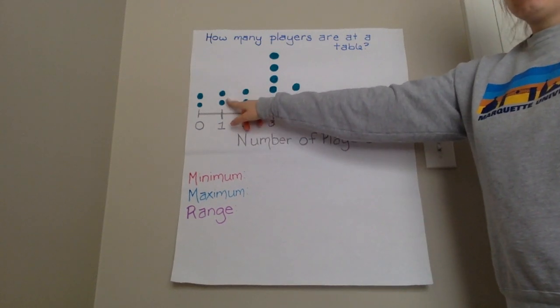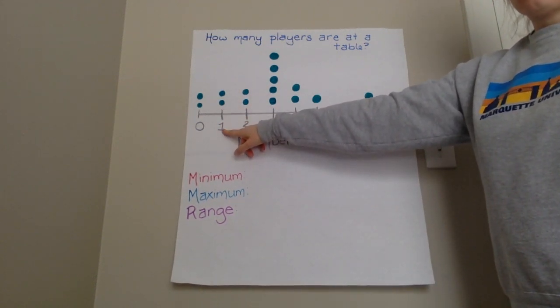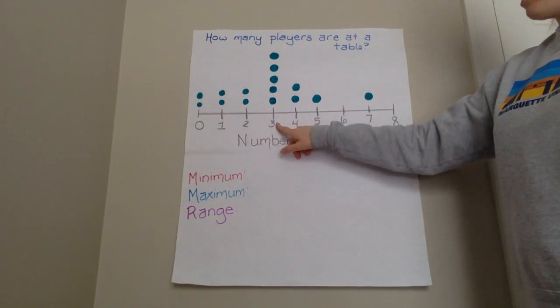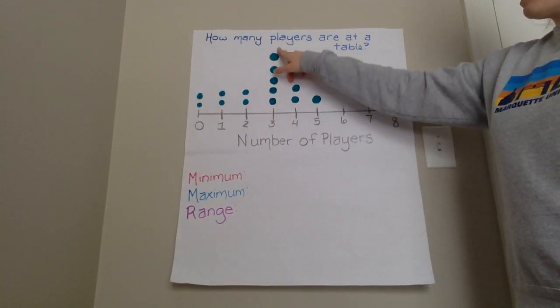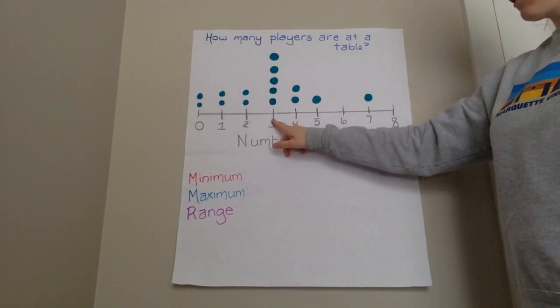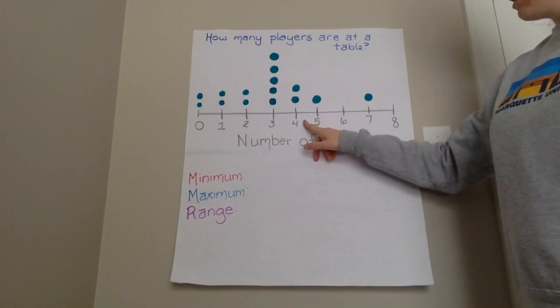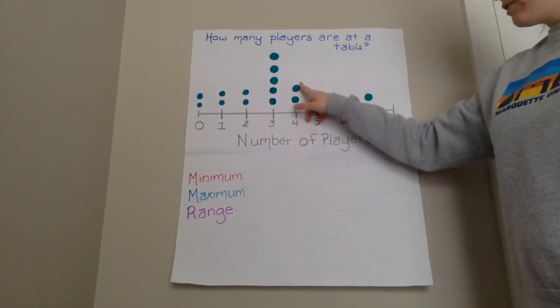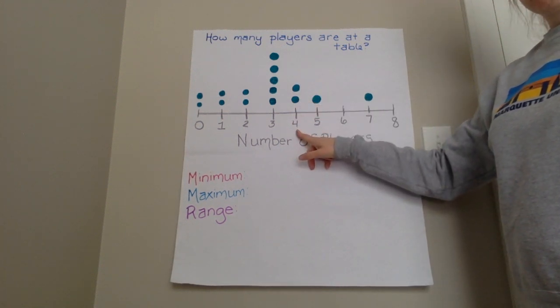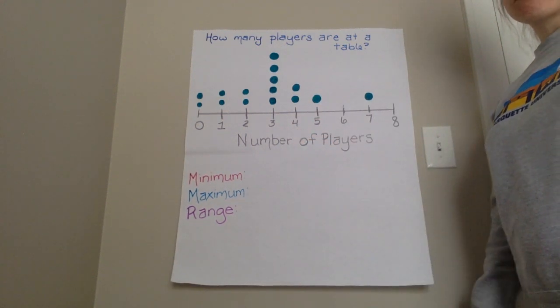At 2 tables, 1 player was sitting at the table. At 5 tables, there were 3 players sitting at each table. At 2 different tables, we had 4 people sitting at the table.